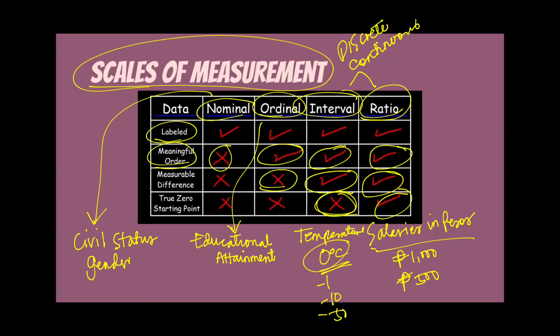Unlike salaries in pesos, in ratio, when you say that your salary is 0 pesos, it means that you have no salary. You start with 0. There's no negative 1 or negative 5 salary. You are really beginning your variable with 0.